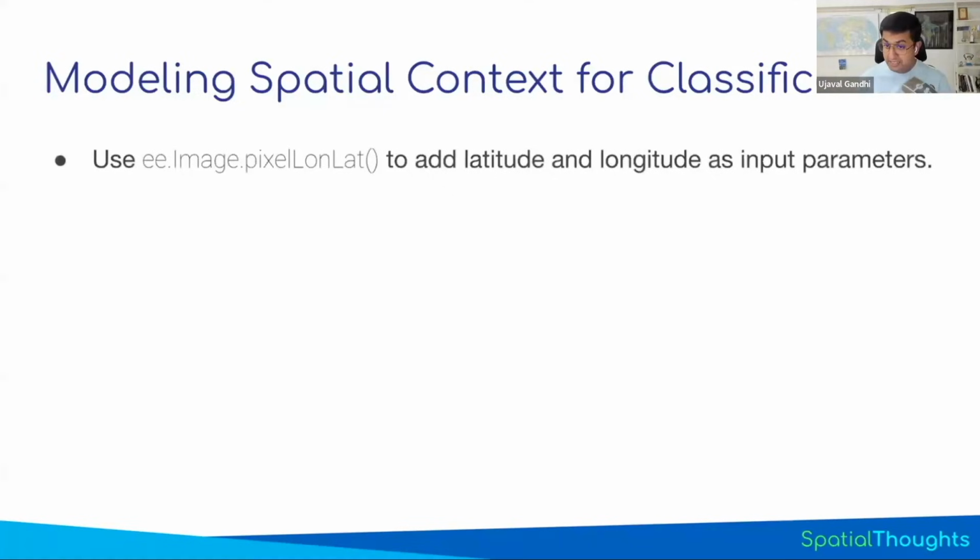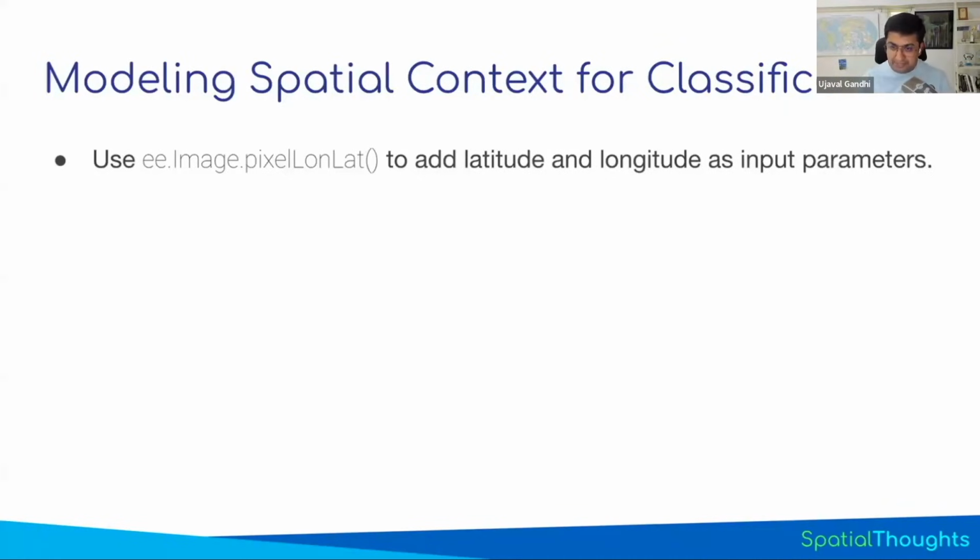One thing you can do is, if you want the model to have information about the coordinate where the pixel was sampled from, you can use this function, ee.Image.pixelLonLat, which will add 2 bands to your image. So let's say you have a composite image and you run this function, you'll get 2 new bands, latitude and longitude. And the value of each pixel will be the latitude and longitude of those pixels.